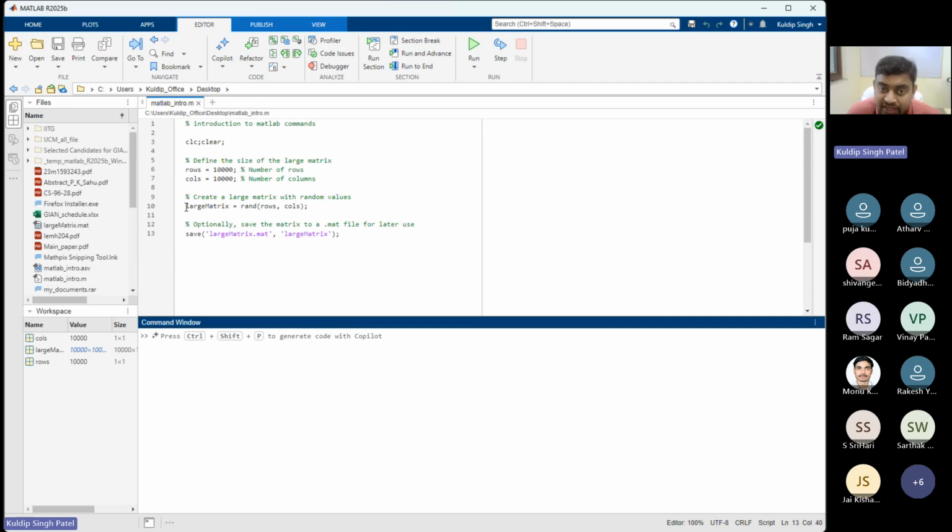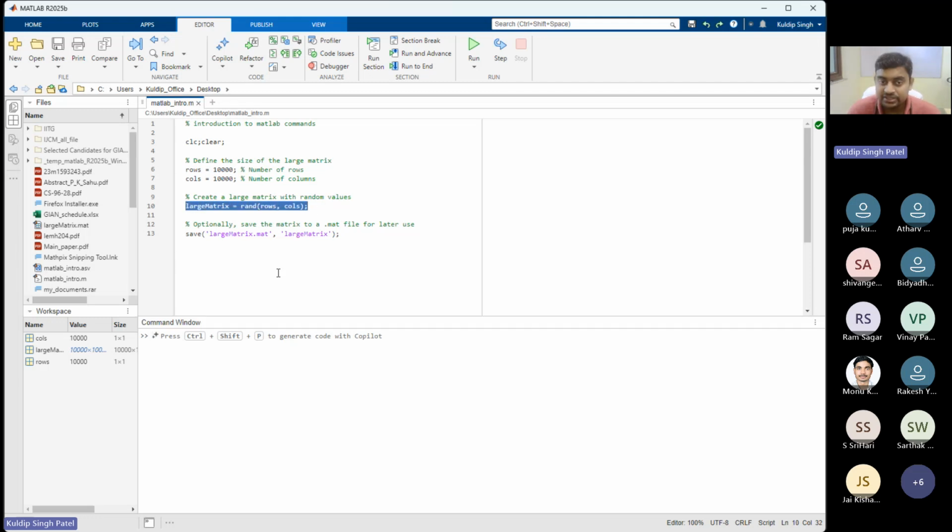So what we did was create a matrix and save it. He has written it beautifully here. Suppose we want to use this matrix later on.